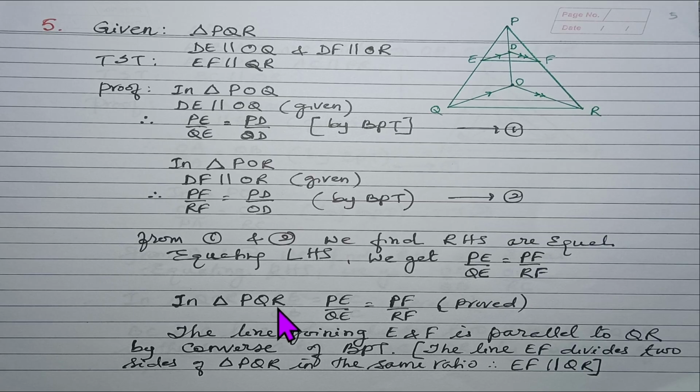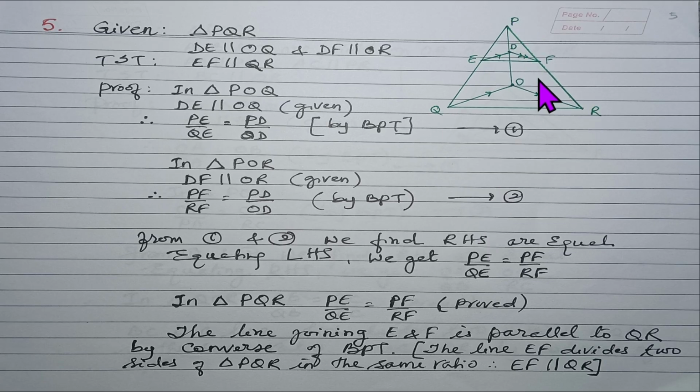Now in triangle PQR, please understand, we have proved that PE upon QE is equal to PF upon RF. That means the line EF, which is joining the two points E and F on the sides PQ and PR of the triangle PQR, is dividing the two sides PQ and PR in the same ratio, that is PE upon QE is equal to PF upon RF.